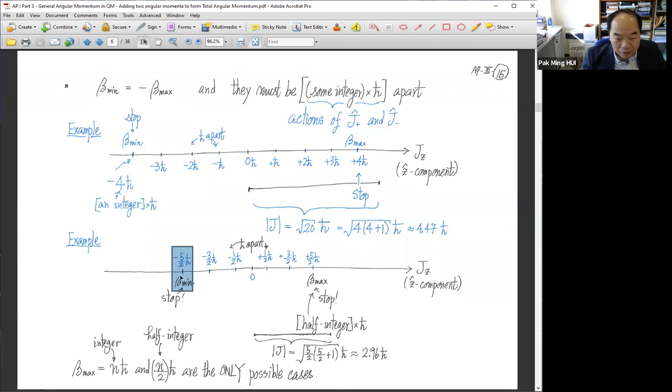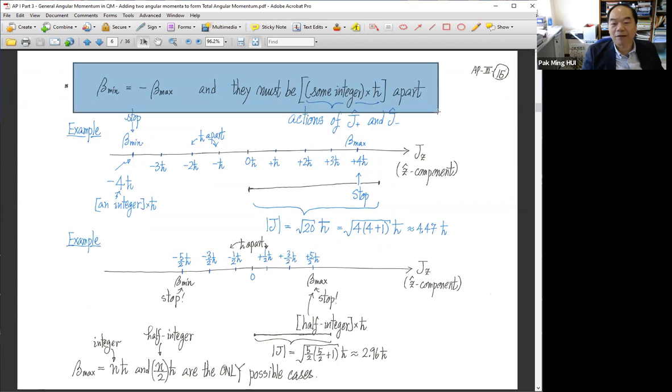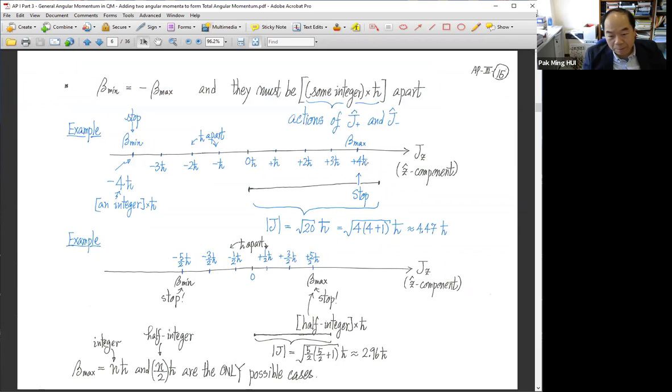So for this general criterion, there are two possibilities and only two possibilities. The maximum Z component of any angular momentum can only take on two types of numbers, integer or half integer.